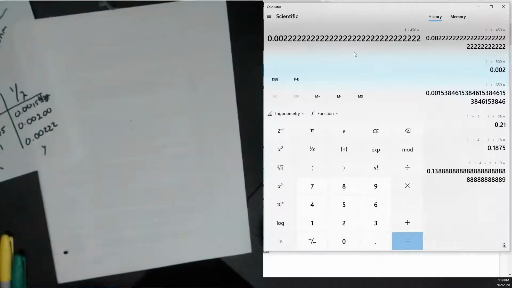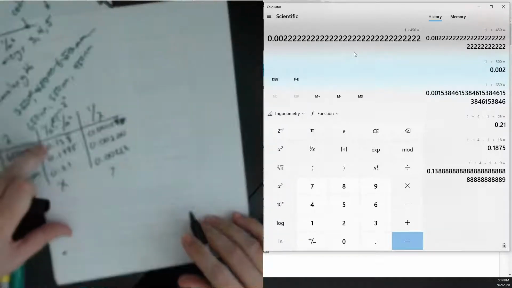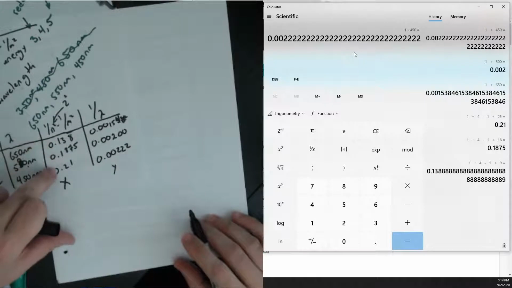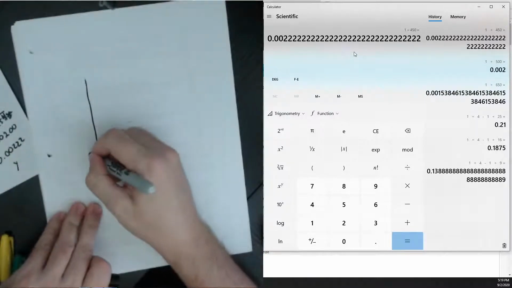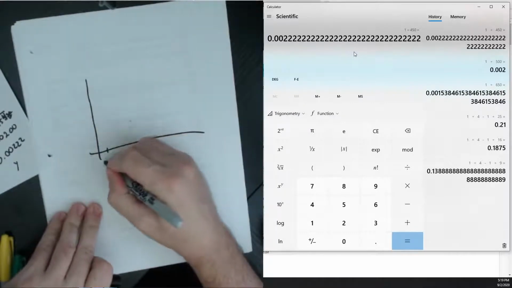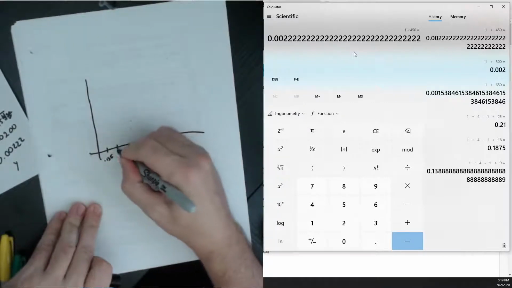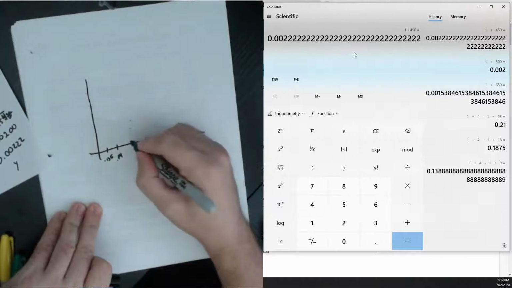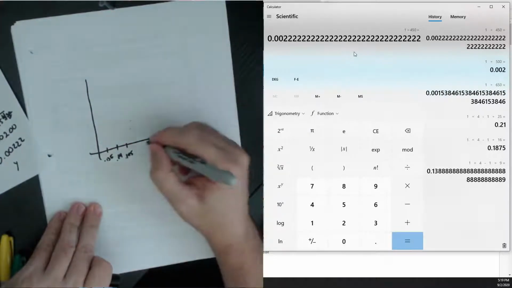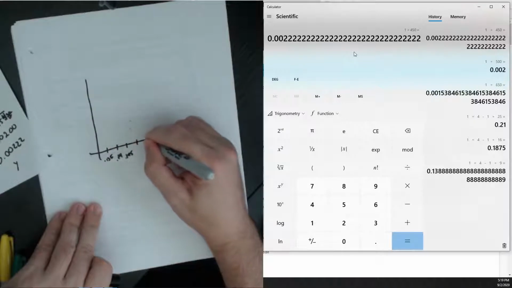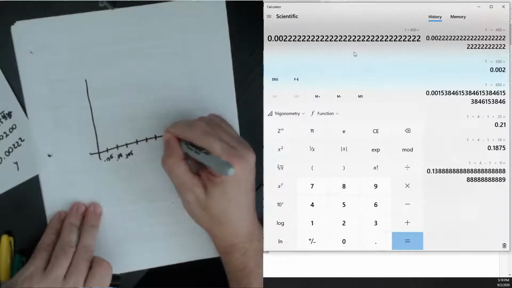And our graph would run from just below the 0.138 to just above 0.21. I don't have any graph paper handy, but let's say 0.135, 0.14, 0.145. I think this might be too small. 0.15, 0.155, 0.16, 0.165.